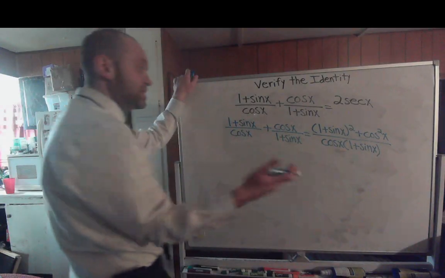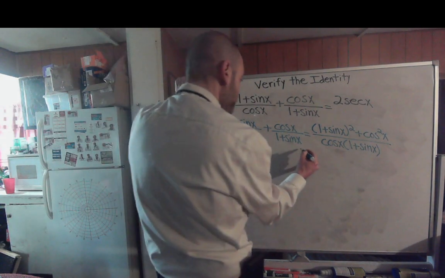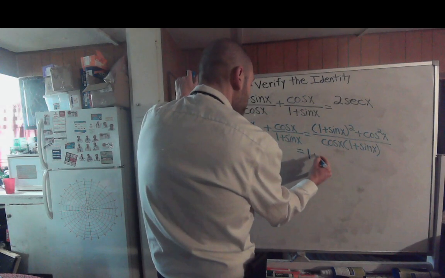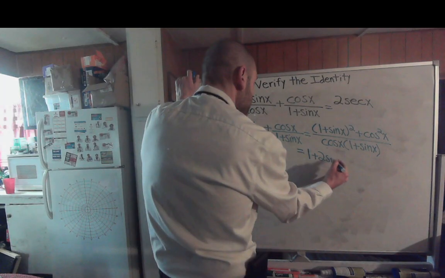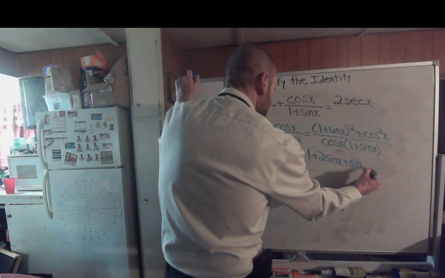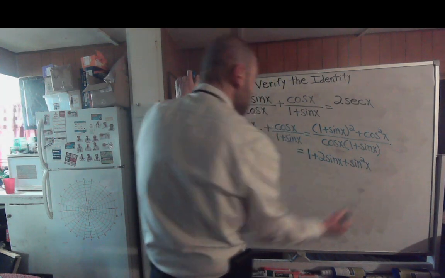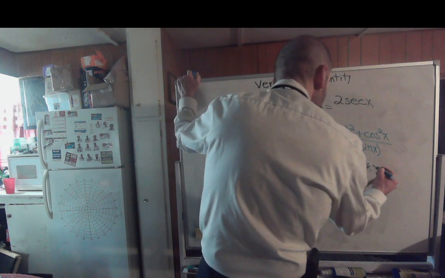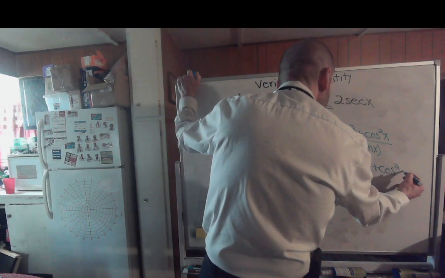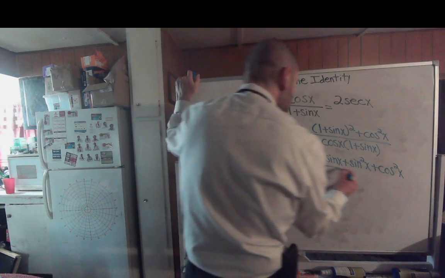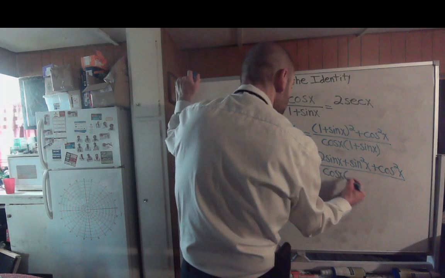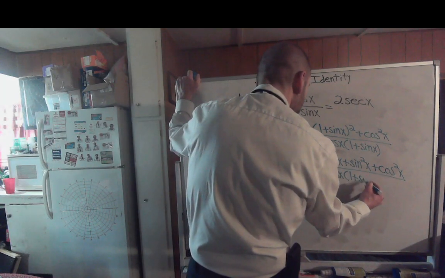So now we have the same common denominator, which would simplify into 1 plus 2 sine of x plus sine squared of x plus the cosine squared of x, all over the cosine of x times the quantity of 1 plus the sine of x.